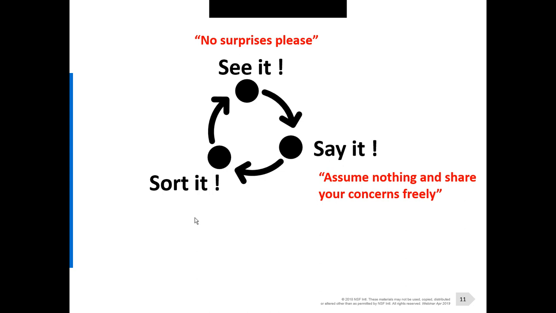So it was no good just finding the issues, bottling them up, not talking about it, writing them into a report and leaving them on the shelf. This was about sharing it. And this is so important because a problem that's shared is a problem half solved. And utilizing the expertise around you is a key part of that second stage.